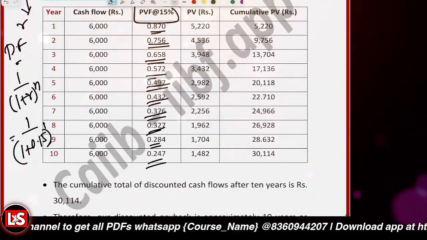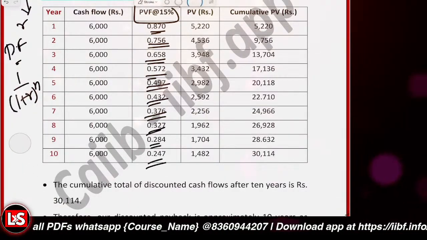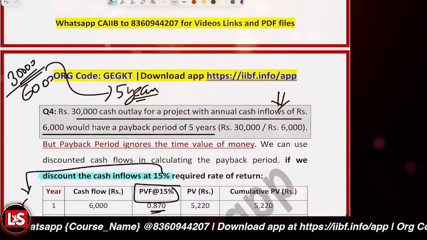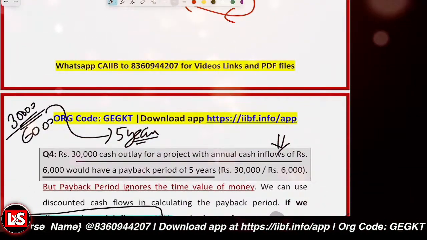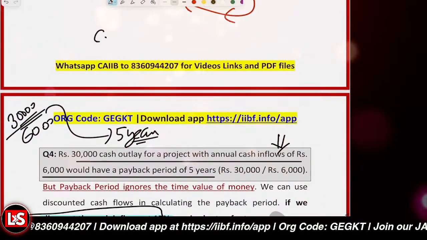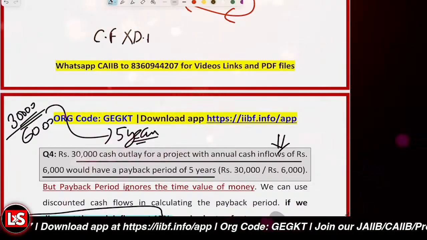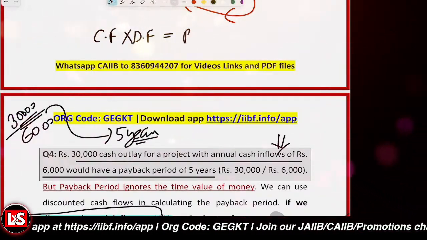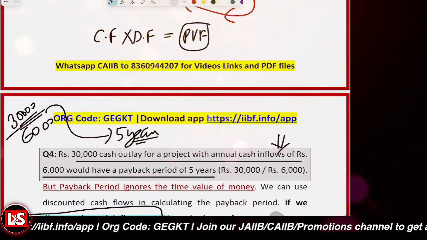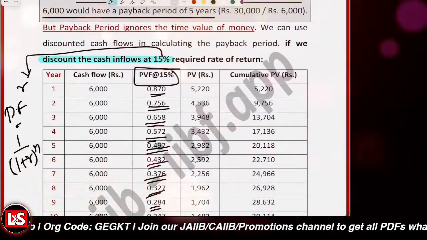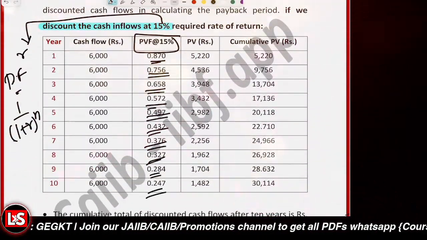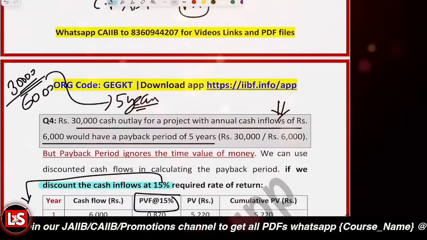And we call it the present value factor, because when we multiply the cash flow with the discounting factor value, it becomes the present value. So here we calculated the present value factor only, not the present value.